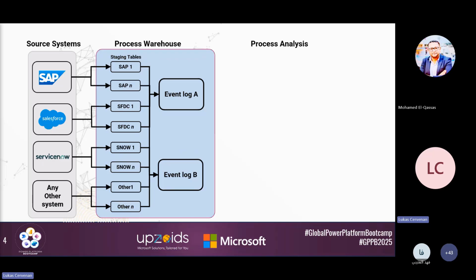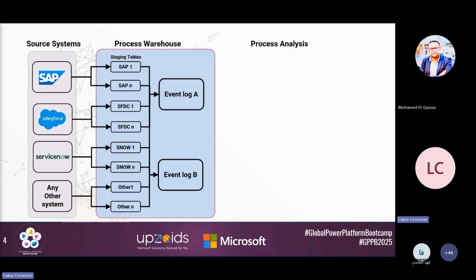Ideally, we first put them into some staging tables where we will clean the data, make sure that they are in good shape, and after that, transform them into a format that process mining software is able to work with. We call it an event log. This is the standard that is used.